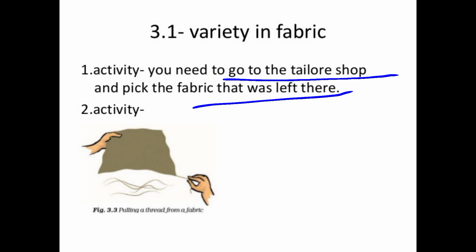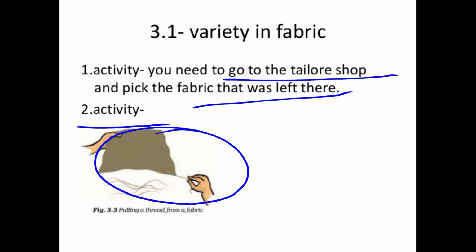Now the second activity that we need to perform is this. You have to obtain a piece of fabric, and then you have to pull threads from the fabric, just as it is shown here. So when you pull the threads from this fabric, you will get a number of threads.